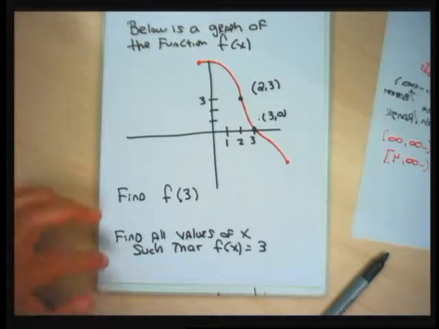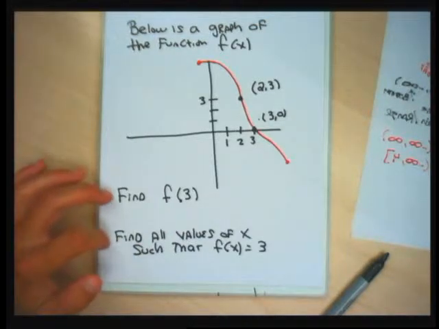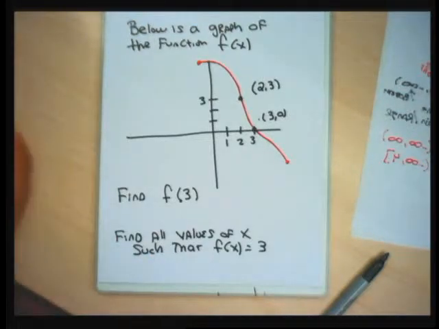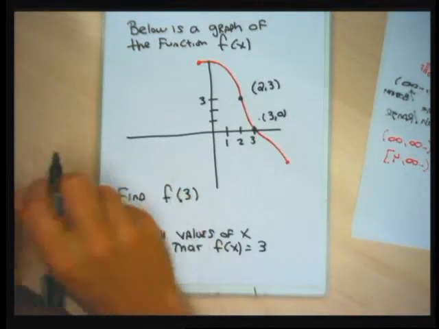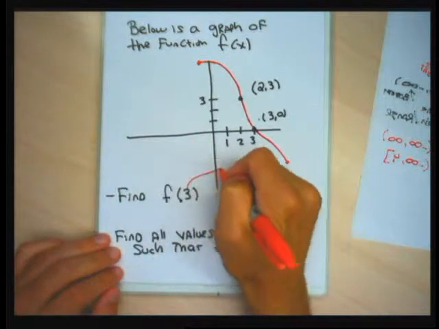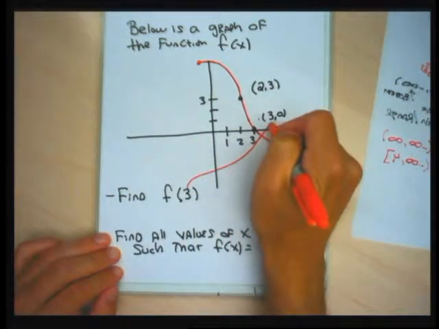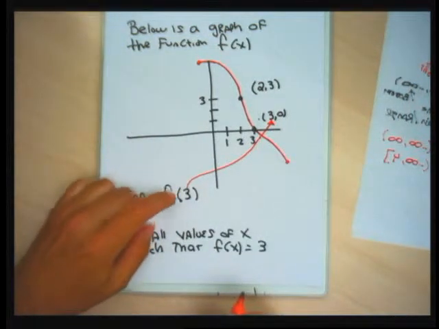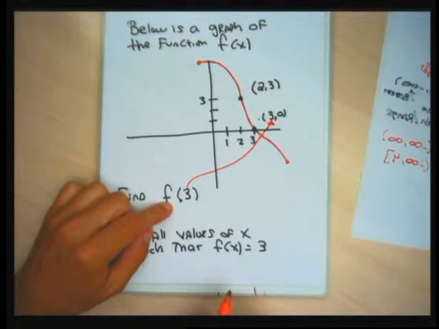Each one of these questions calls out an x or a y value of a point on the graph, and it wants me to find the other part of the point. In this top problem, because the 3 is in a parentheses, numbers in a parentheses stand for x values, and this problem is asking me to find the y value that corresponds to x equal to 3.